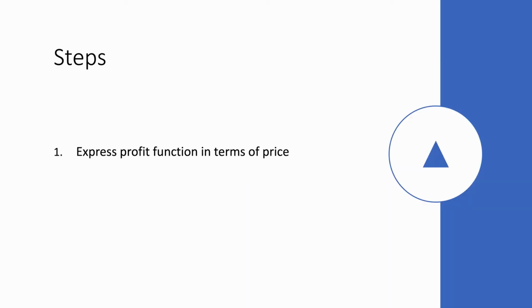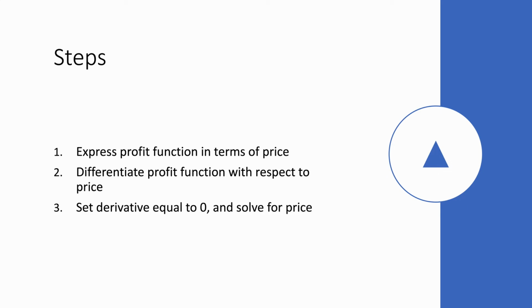Here are the steps we take to calculate the optimal price and maximize the profit from a single optimal price. First, we express the profit function in terms of price. Second, we differentiate the profit function with respect to price. And then we set that derivative equal to 0 and solve for price.